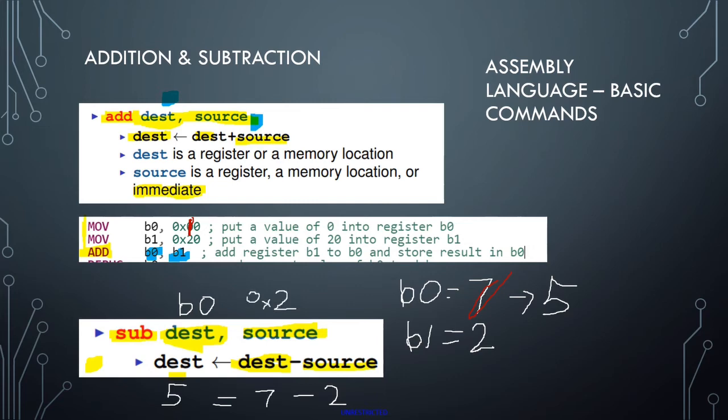We didn't have to plug our source number into a register necessarily. We would have been fine without it. Again, I just did it because I think it's good practice. But the source can be an integer directly. Now, the variable on the left, this B0, needs to be a register or memory location so that you have somewhere to store the result.